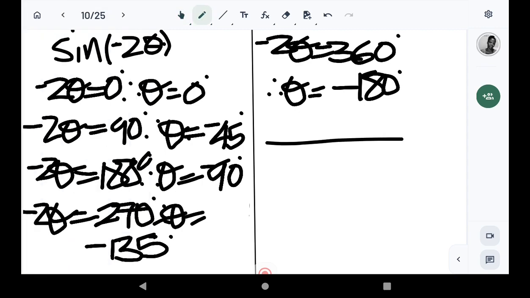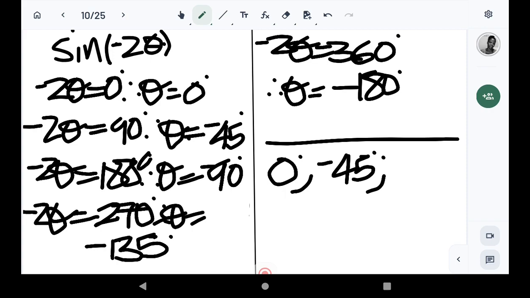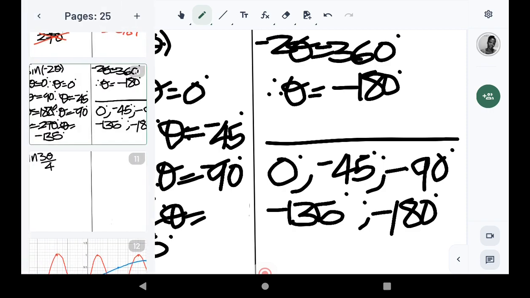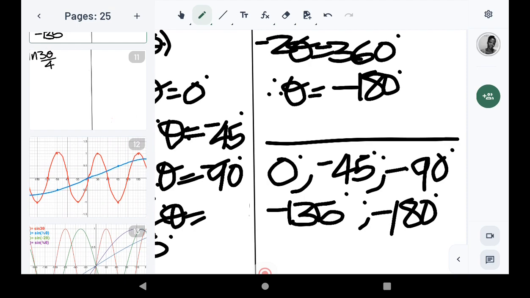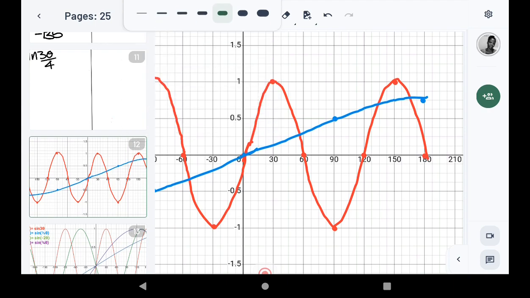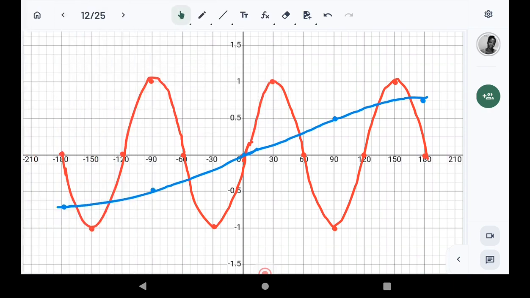The important points are 0, negative 45, negative 90, negative 135, and the last one is negative 180 degrees. So let's plot using the color green. At 0 it's 0. At negative 45, okay, we've got a maximum.